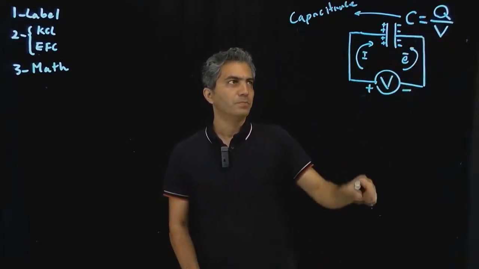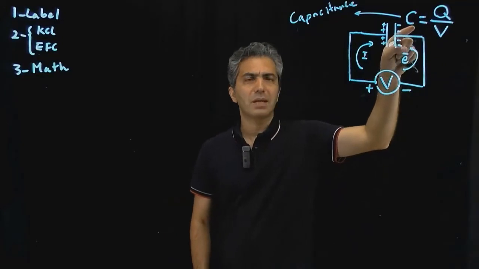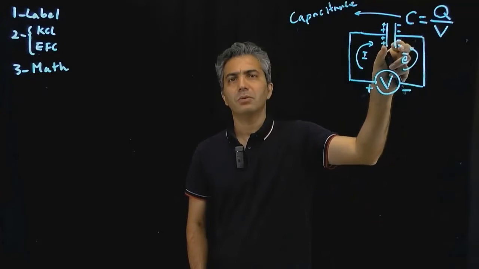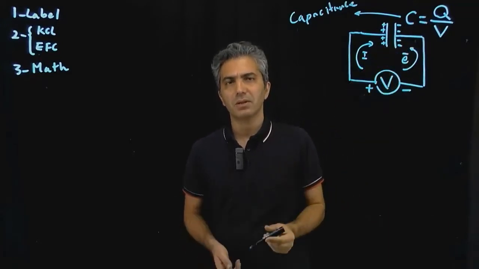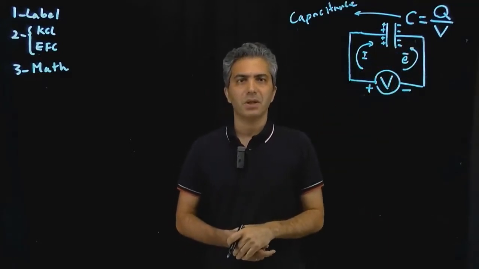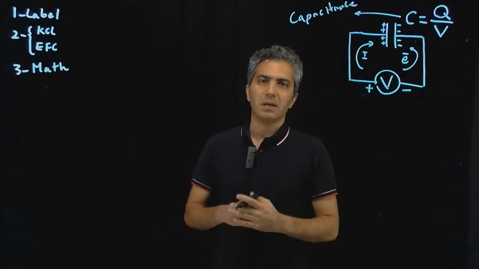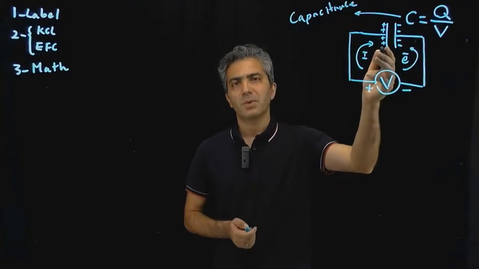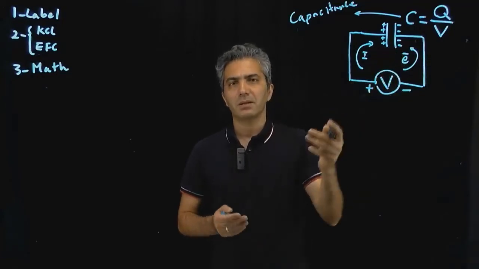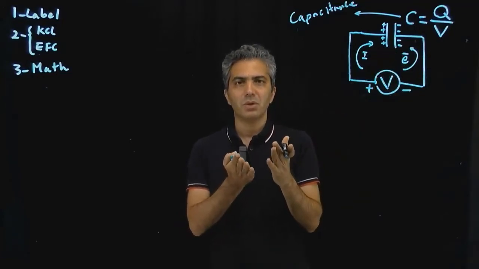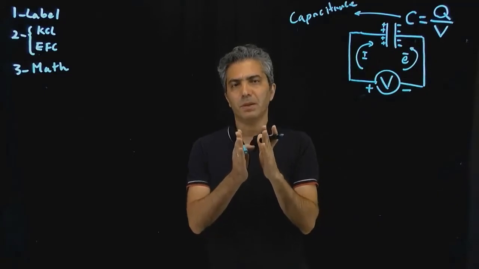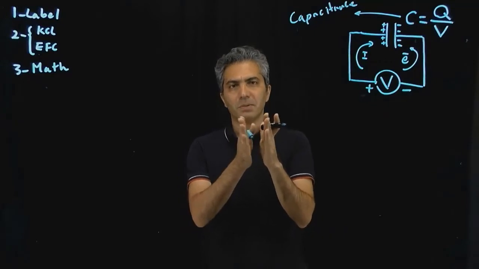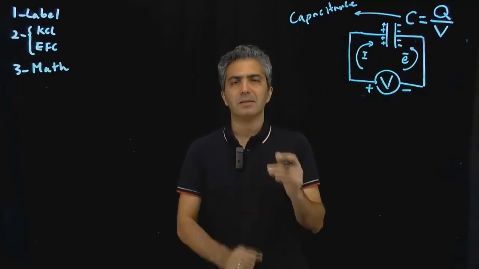Okay, so now how does that capacitance relate to the physical properties of these two conductors? That's something that we have seen at least partially in physics. One of the simplest ways of making these capacitors is to bring two conductors in the form of planes really close to each other and keep them at a constant distance.